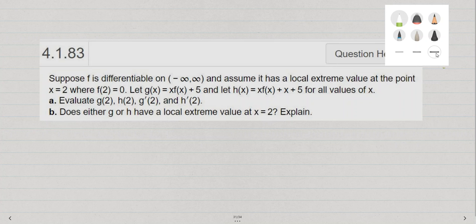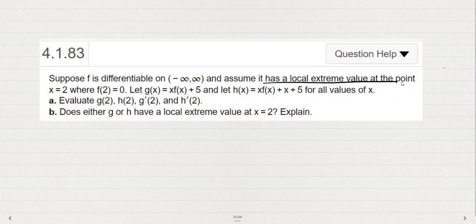We know that f has a local extreme value at 2. So we know that f prime, the derivative of f at x equals 2, is either 0 or doesn't exist. How do I know that? From this part that I've underlined in black.